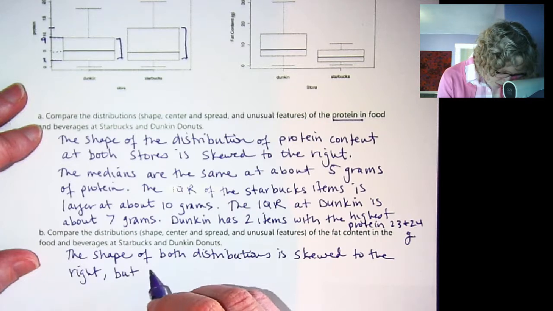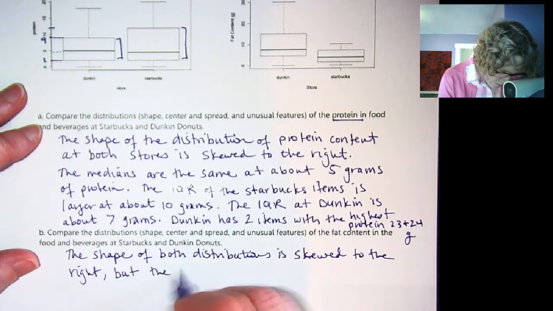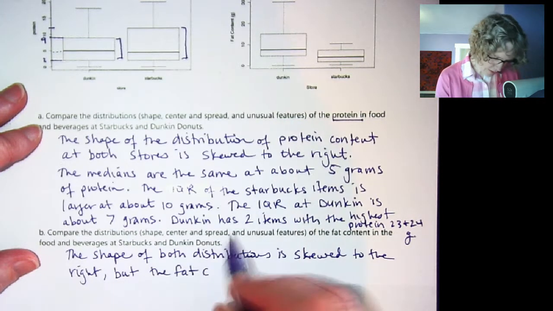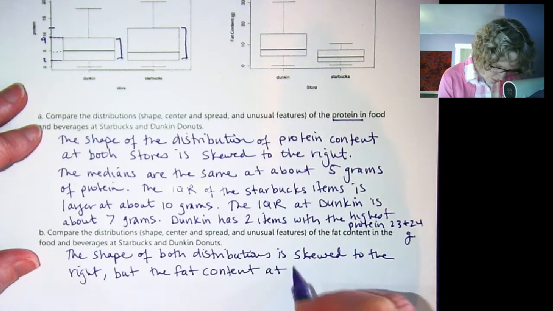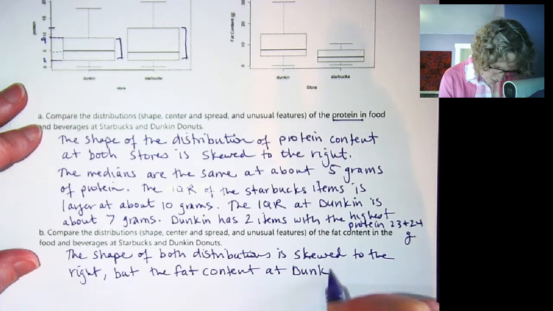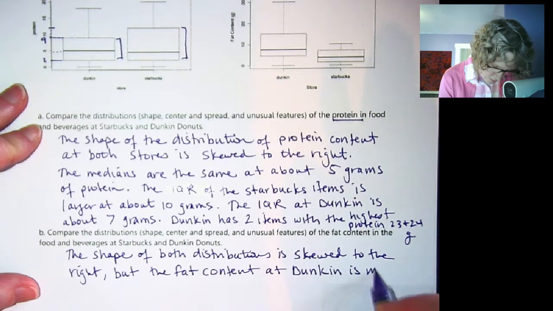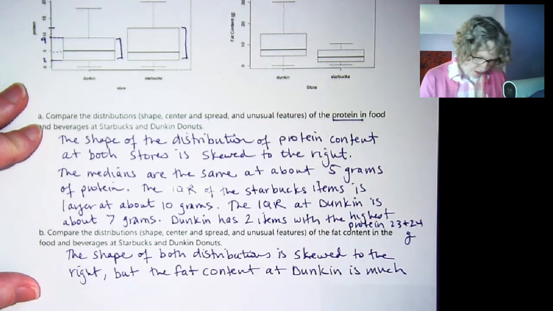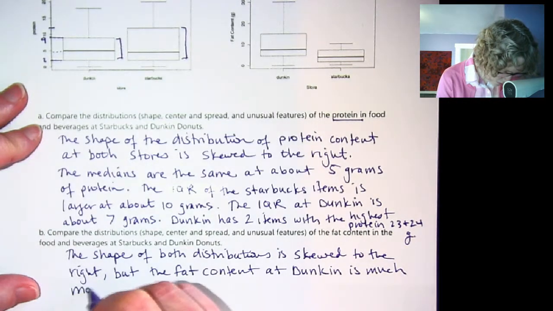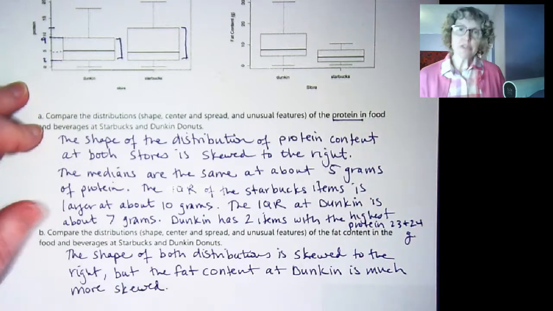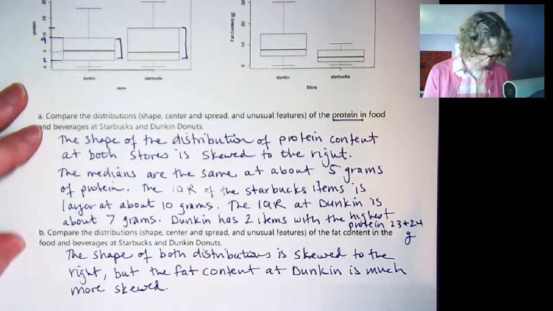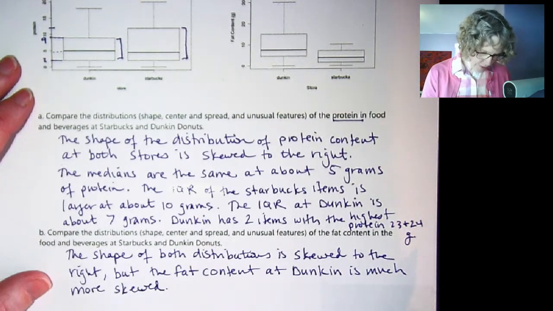But the fat content, trying to get the context in there, the fat content at Dunkin' is much more skewed. It's also much more spread out, but that's the spread part. Okay, so there's our shape.